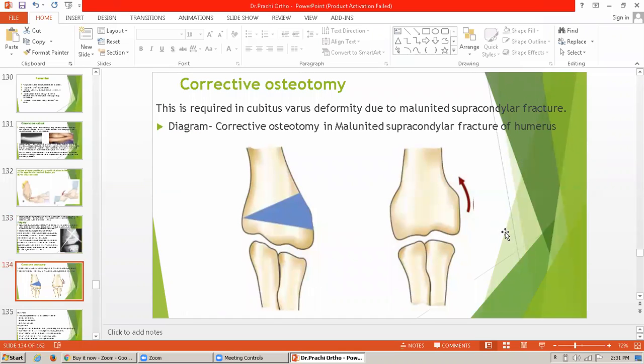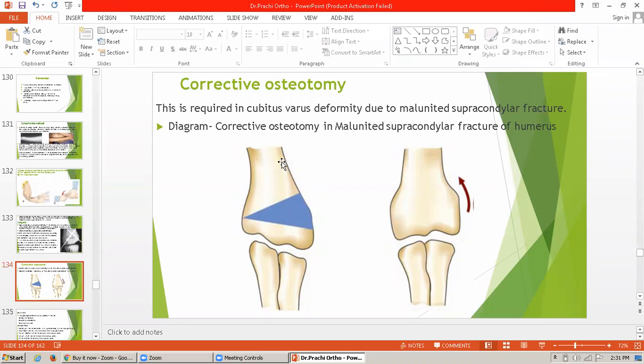Then, corrective osteotomy. This is required in cubitus varus deformity due to a malunited supracondylar fracture.